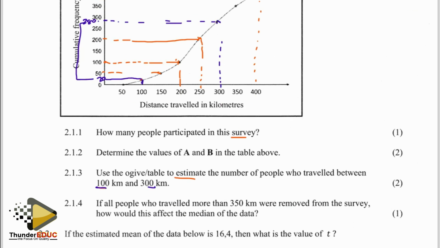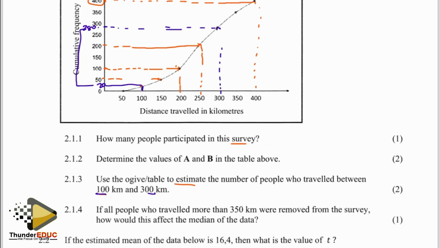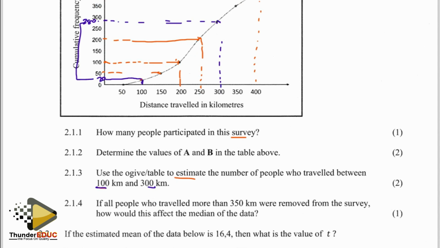And then 2.1.4. If all the people who traveled more than 350 kilometers were removed from the survey, how will this affect the median? It's 1 mark. Now, median is a measure of central tendency.